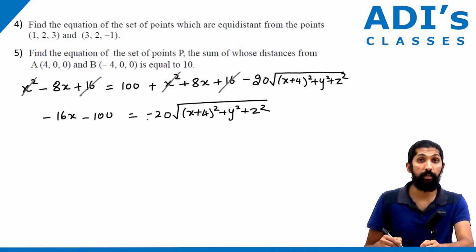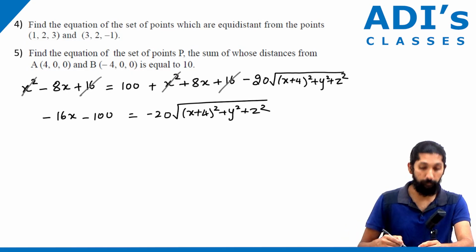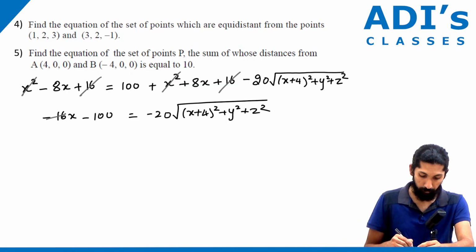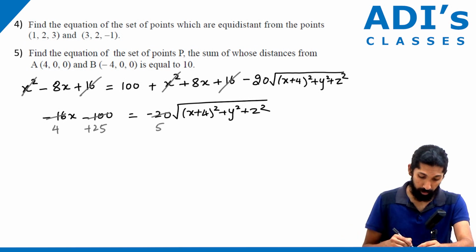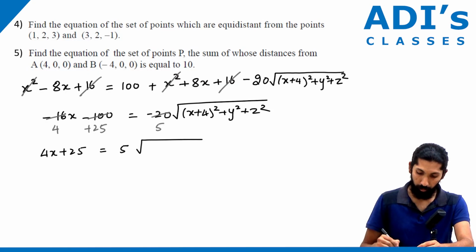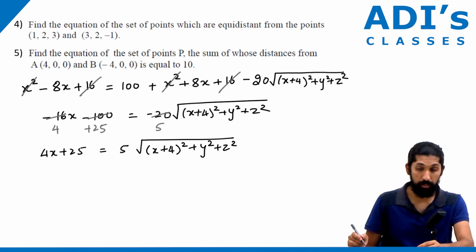Now you can divide the entire thing by negative 4. If you divide by negative 4, this is going to become 4x, this is going to become plus 25, this is going to become 5. Correct? So the equation becomes 4x plus 25 is equal to 5 into root of x plus 4 whole square plus y square plus z square. Now square on both sides.